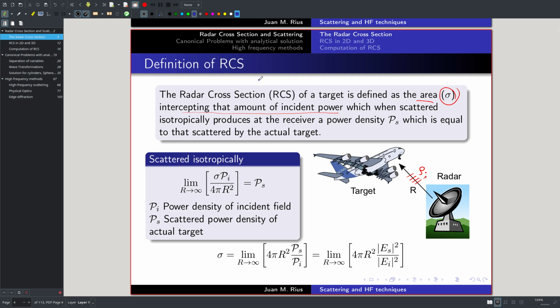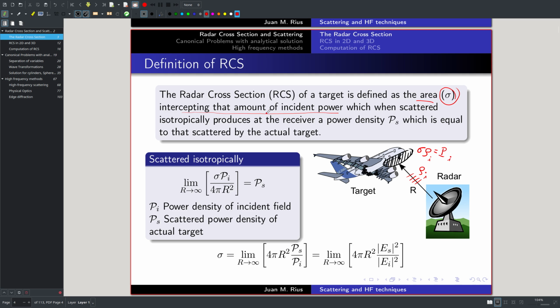We have an equivalent area intercepting the amount of incident power, so the amount of intercepted power will be the intercepting area, which is sigma, the radar cross-section, times the incident power density, and this is the intercepted power, okay?